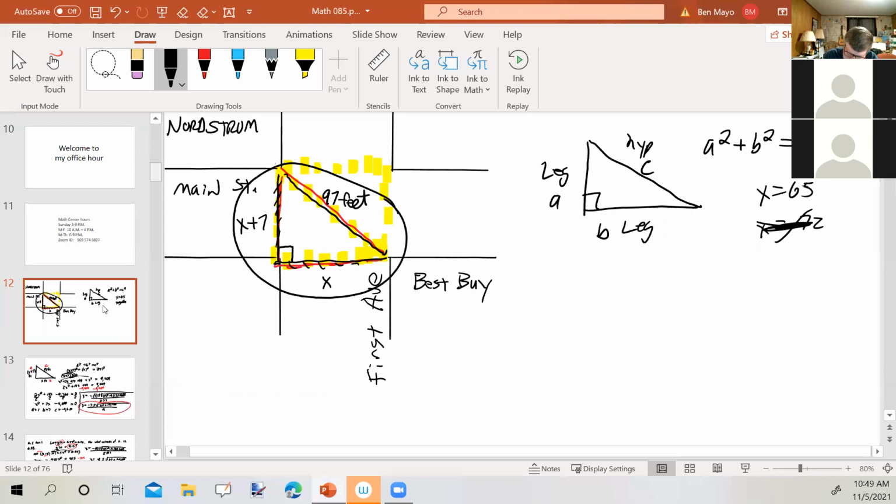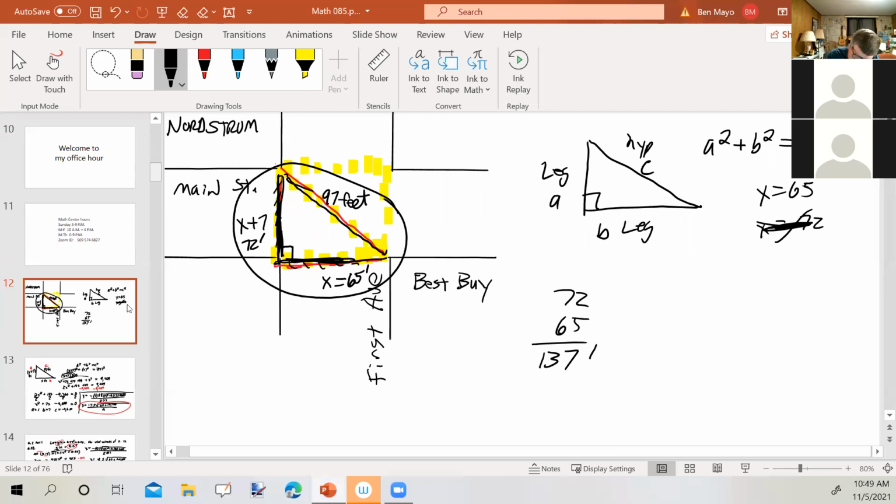So if x is 65, this is 65 feet. 65 plus 7 would be what? 72 feet, okay? Now the question says, how much walking does the shopper save by using the diagonal crosswalk? Well, this distance plus this distance, 72 plus 65, is 137 feet.